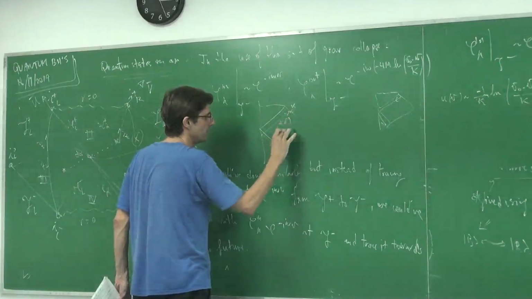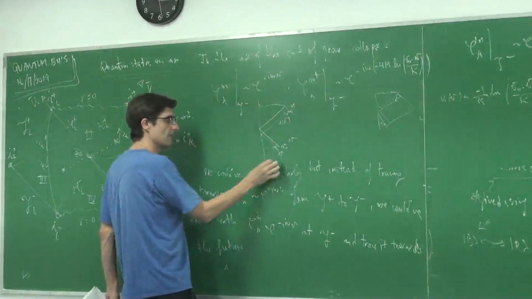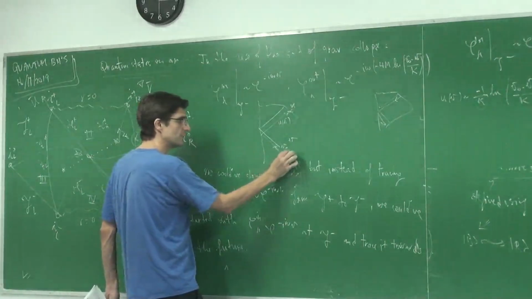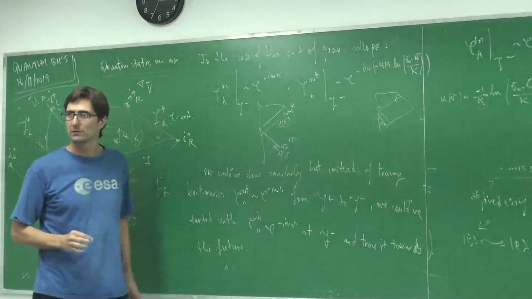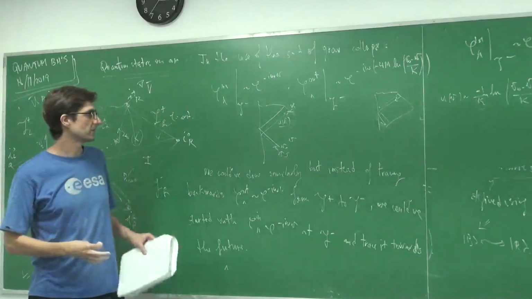And this is U of V. Okay, for a given value of V close to V0, what is the value of the corresponding U? And that's the relationship.